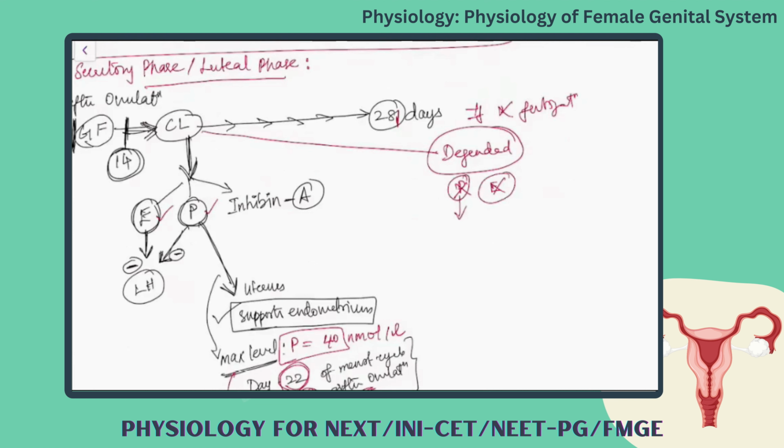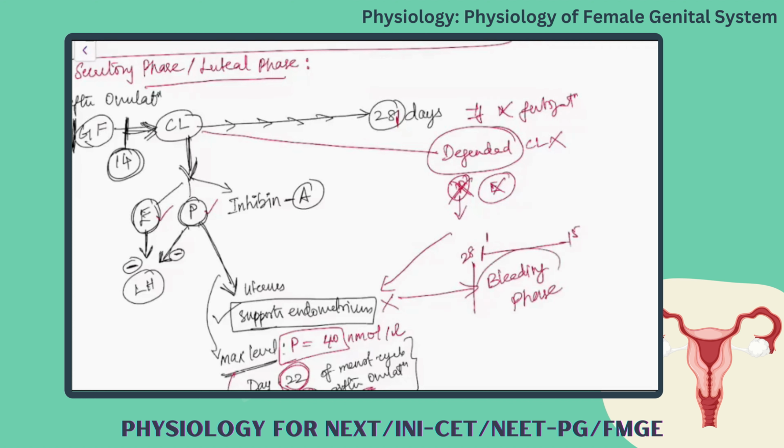The role of progesterone is to support the endometrium. If there is no corpus luteum, no progesterone, no support to the endometrium, resulting in the bleeding phase. Again, after 28 days, day 1 of the menstrual cycle begins.